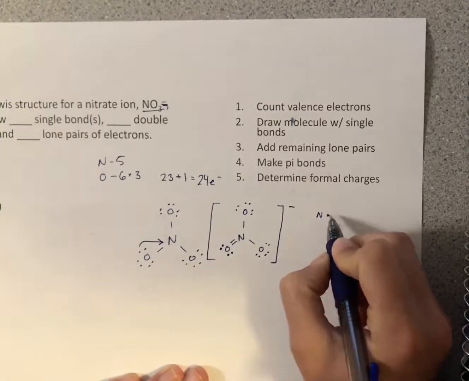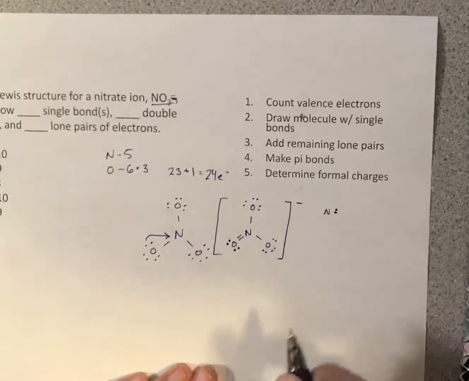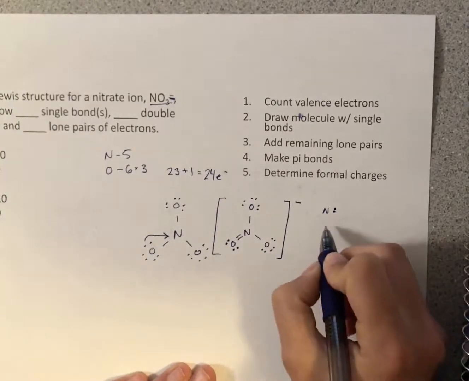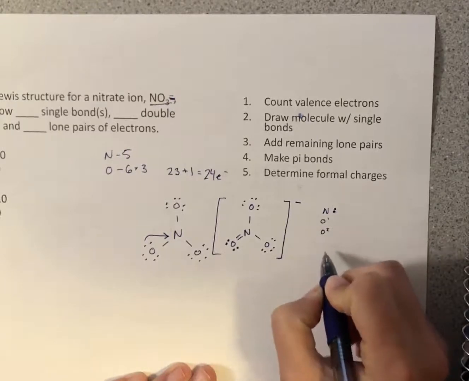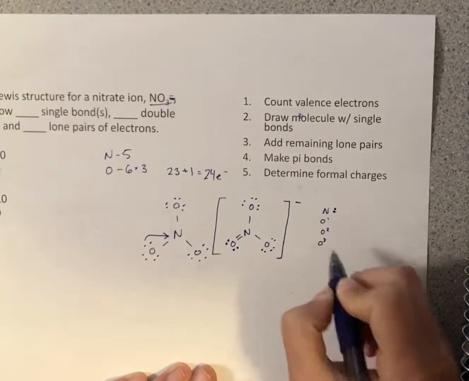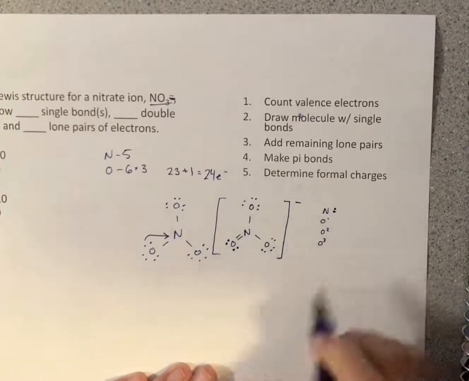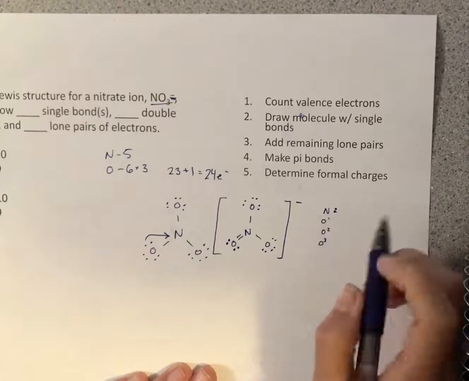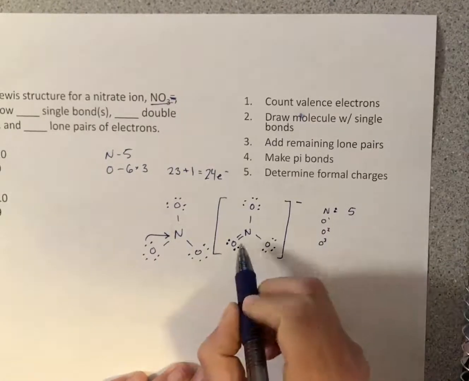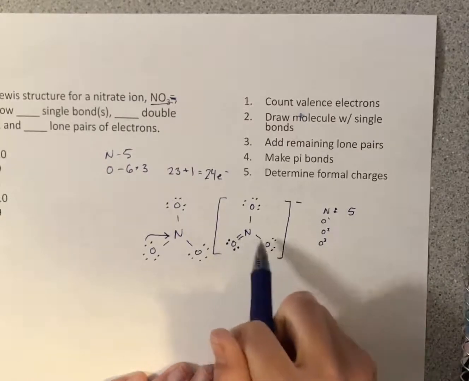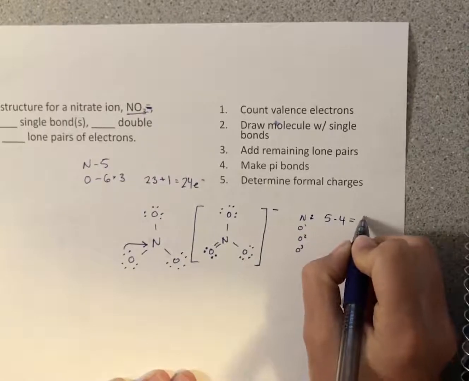And that's a colon, not a dash, to not confuse with minus signs. And then we'll do oxygen number 1, oxygen number 2, and oxygen number 3. So, and we'll say that's 1, 2, and 3. So for the nitrogen, it has 5 valence electrons, and then here we count the single bonds as 1, so 1, 2, 3, 4. So -4 means that the nitrogen has a +1 charge.